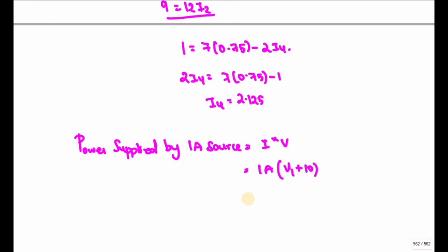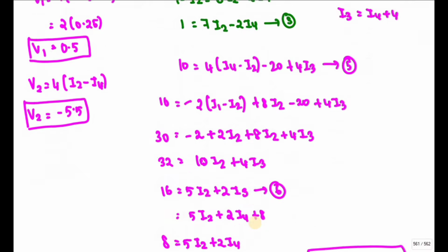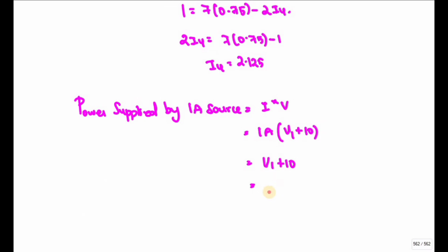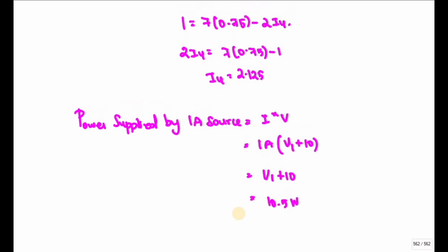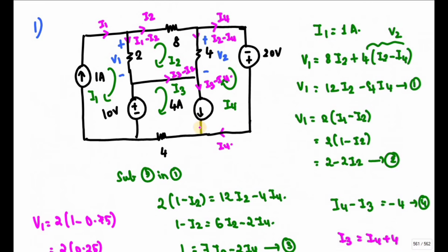Next, they ask to find the power delivered. What is I3? I3 is equal to I4 plus 4, which is 2.125 plus 4, that is 6.125. The next question is the power supplied by the 4 amp source.